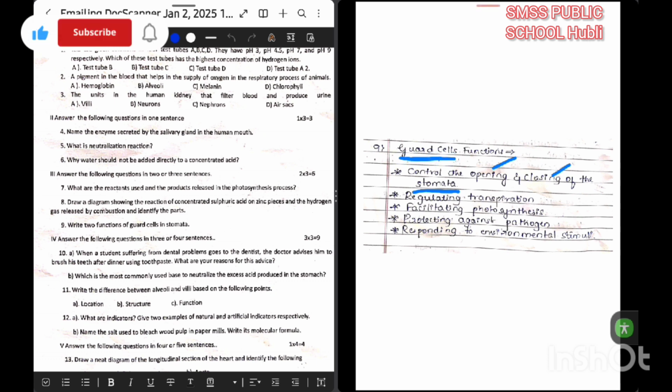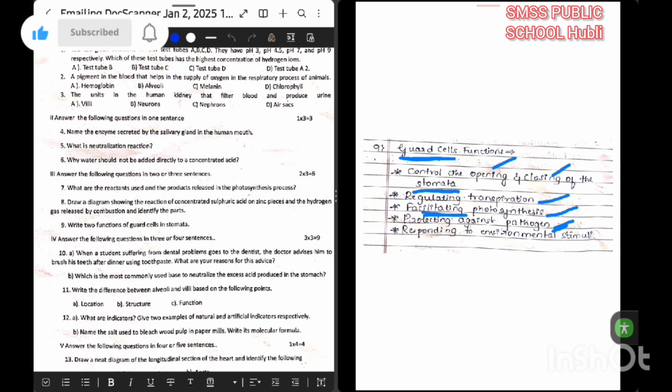So the main function is the opening and closing of the stomata, which is led by the guard cells, and that will also regulate transpiration. In order to check the transpiration, these are very important. Also they facilitate photosynthesis. In order to regulate the photosynthesis process, these play a vital role in the exchange of gases and all, and allow carbon dioxide to be absorbed and oxygen to be released.